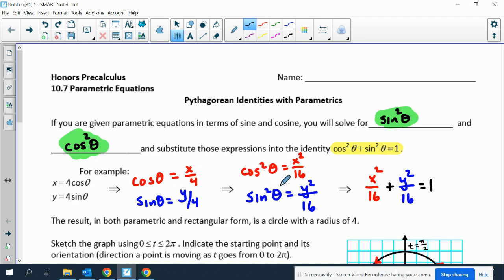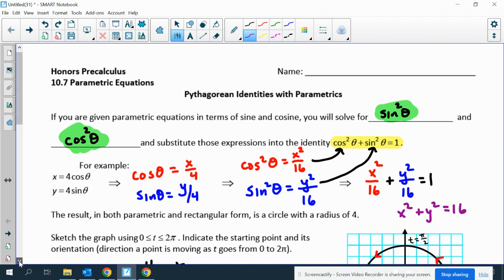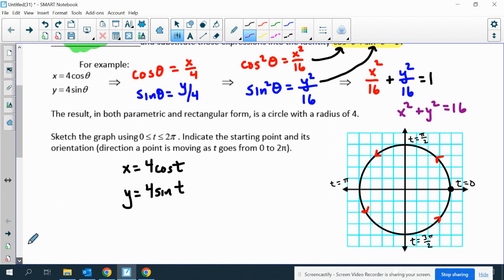Then we square them, and replace these into cosine squared plus sine squared. What we end up with here is x squared plus y squared equals 16, which is a circle. So those parametric equations give us a circle with radius 4.